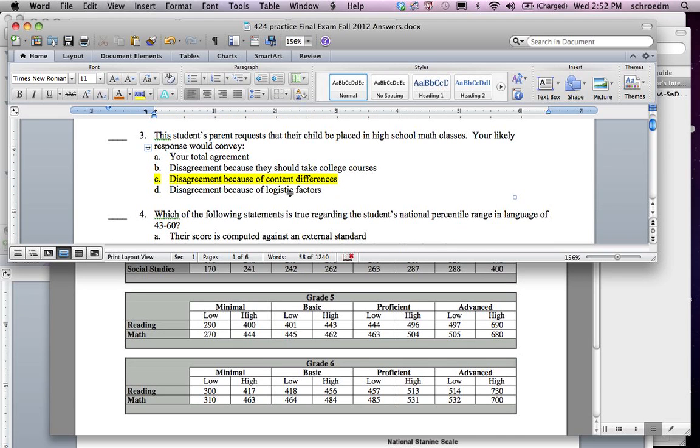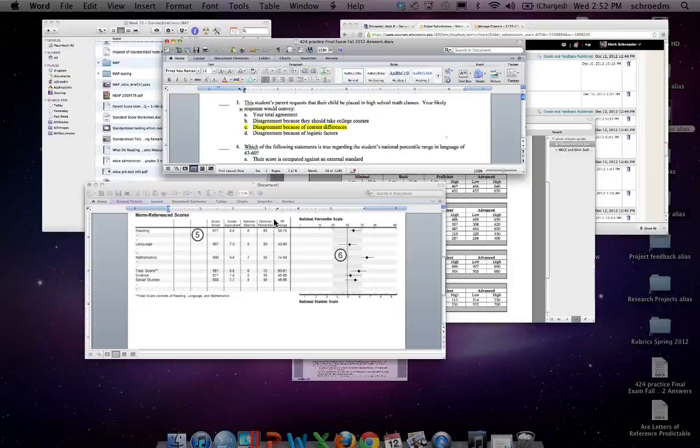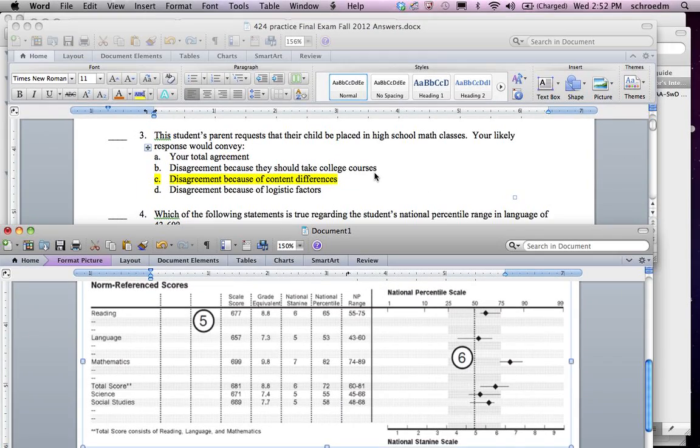Next question. The student's parent requests that their child be placed in high school math classes. Your likely response would convey, and here you shouldn't agree with them, because there are severe content differences between what's going on in this student's grade. If you look at this student, they're more than likely in the beginning of 7th grade.